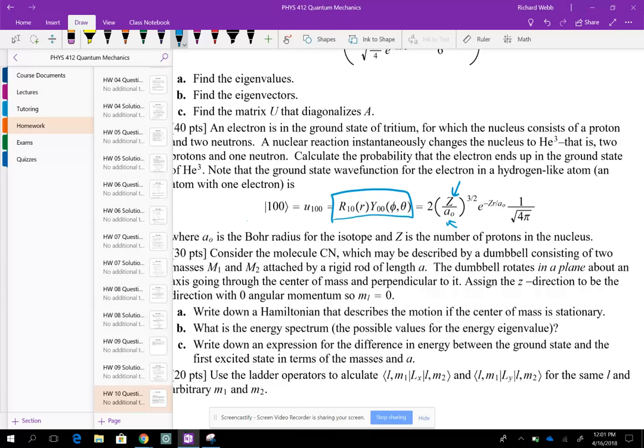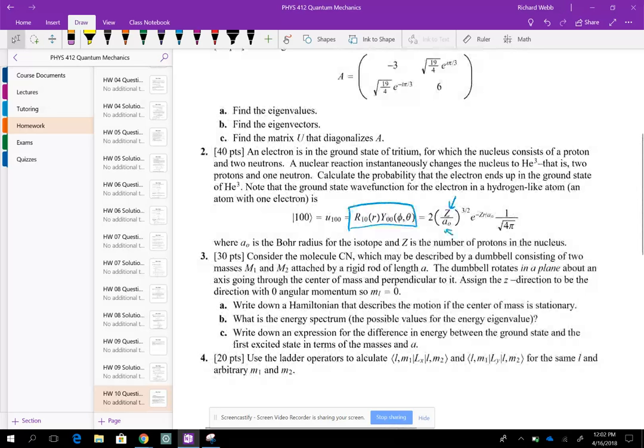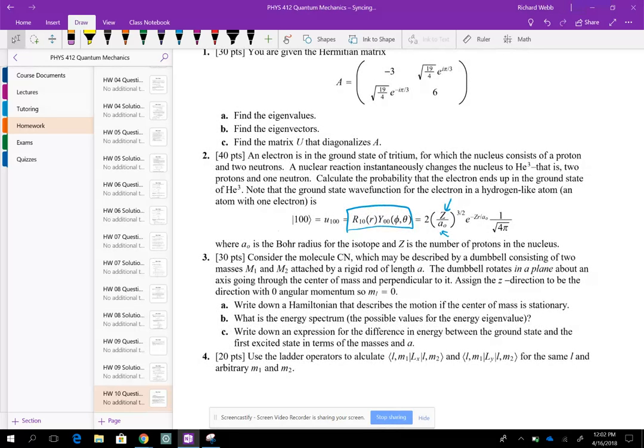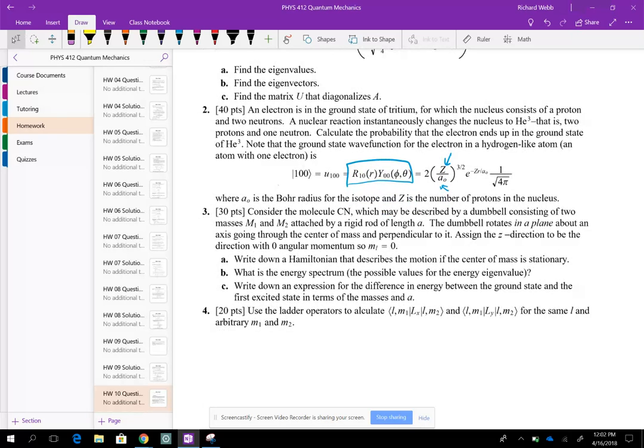And what you're doing then is finding the probability of the 100 tritium, after it becomes a helium-3, to be in the 100 state. So I'm not going to go through how to solve it, but just making sure you understand what we're doing here.